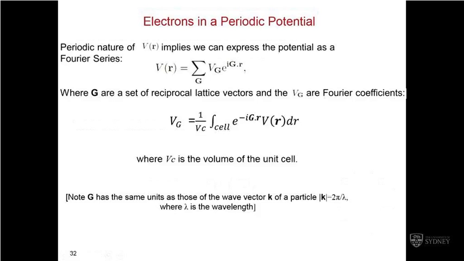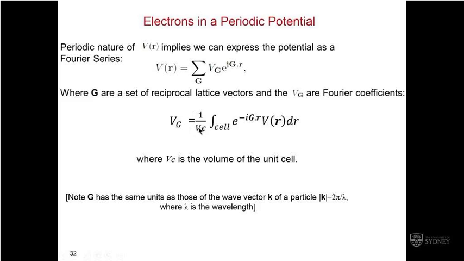Let me just say, we've used Fourier transforms before because our system is periodic, and we're going to do the same thing here. So we can express the potential V of R as a summation over reciprocal lattice vectors G, with some prefactor V of G, and e to the i G dot R. And the inverse Fourier transform is just given here, where in this case V of c, there's quite a lot of V's going on here.